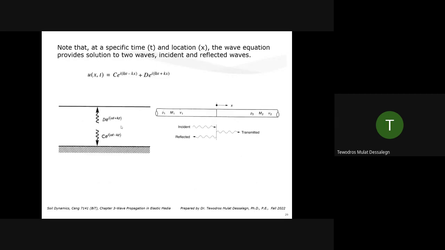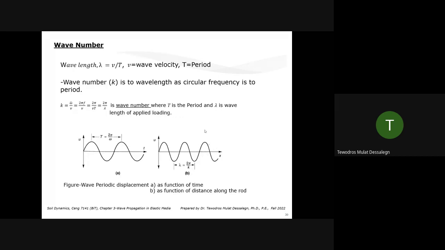If you apply a seismic wave, you can have an incident wave going in one direction and a reflected wave coming back, especially if you have some interface difference, then part of the wave also gets transmitted. We'll see the application of this equation when we come to layered soil, because in a layered soil you'll have reflection and transmission through it, depending on the density and the wave velocity.